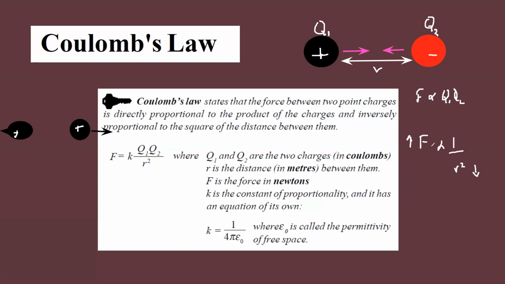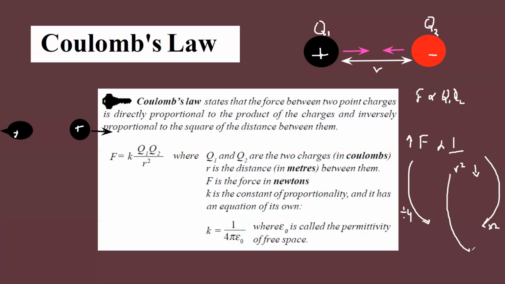But it follows the inverse square law. What is the meaning of inverse square law? Inverse square law means if the distance is doubled, the force will be divided, but with a square. So the square of 2 is 4, so it will be divided by 4.